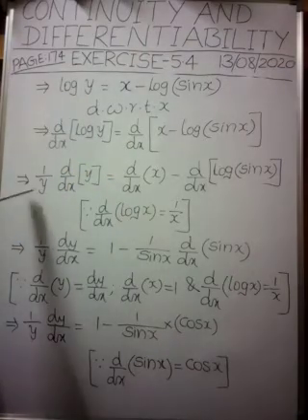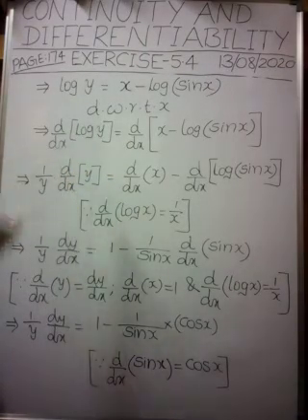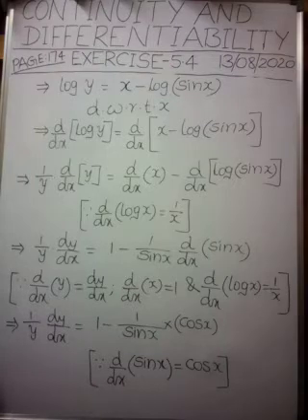Right. This implies, if you observe in LHS, d by dx of log y is there. Again, you have to bring back your previous knowledge of differentiating the composite function to your mind. Okay, my dear children?